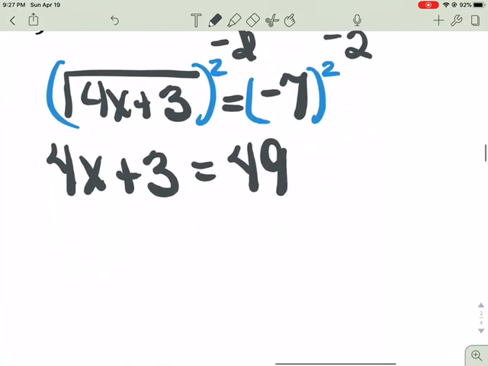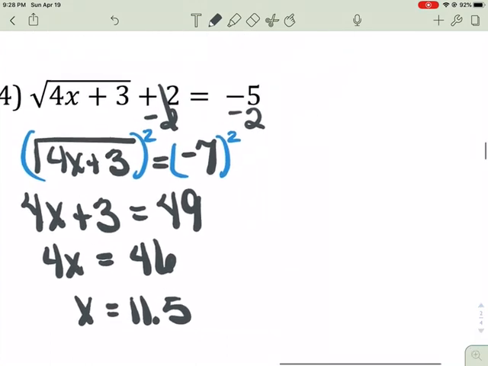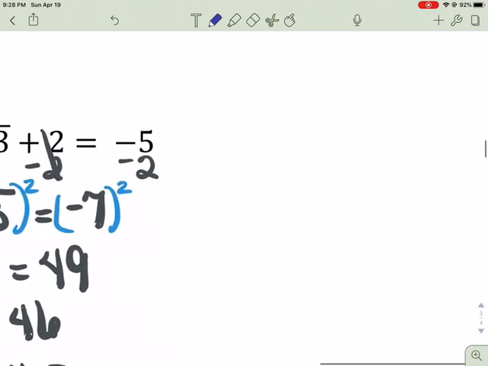Remember, when you square, negative is always positive. Solve for the variable. 11.5. Now, don't just assume because your answer is a decimal that it's an extraneous solution. Okay? Don't assume that. Always check your work. So we're going to come back over here, and I'm going to put 11.5 in for x.